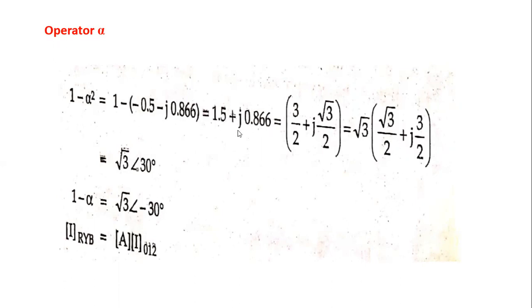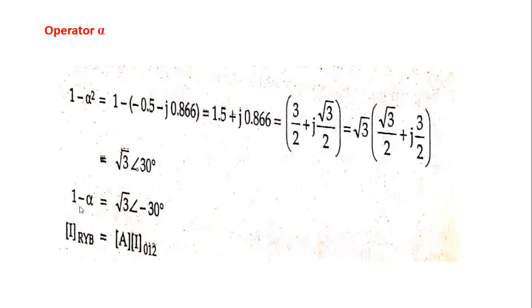This can be written as 3 by 2 plus j root 3 by 2. Otherwise, it can be written in the form of root 3 into (root 3 by 2 plus j 1 by 2), which is root 3 at an angle of 30 degrees.